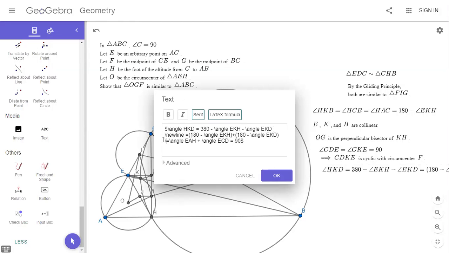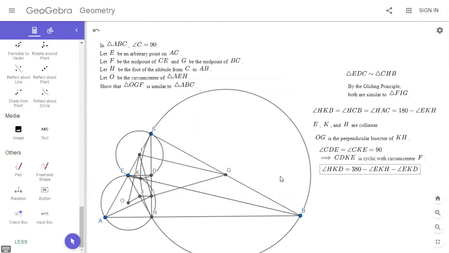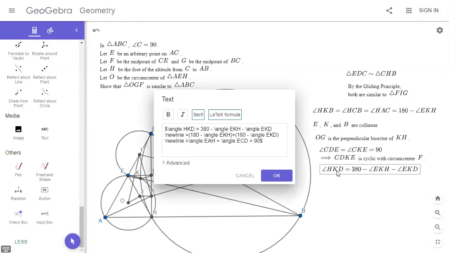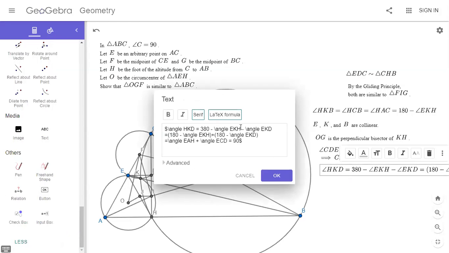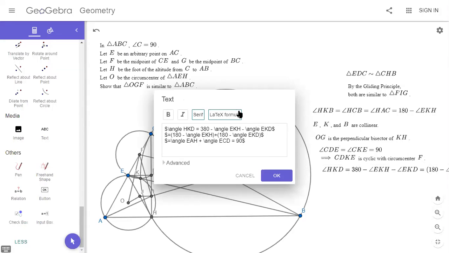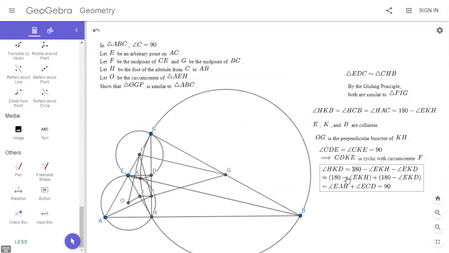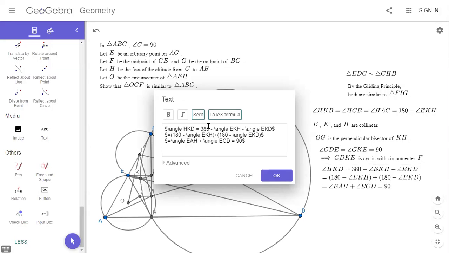I'm not 100% sure this will work, but let's see. What? That's not what I wanted. I just want to break up this equation into more than one line. Let's try this. All right, we got it.